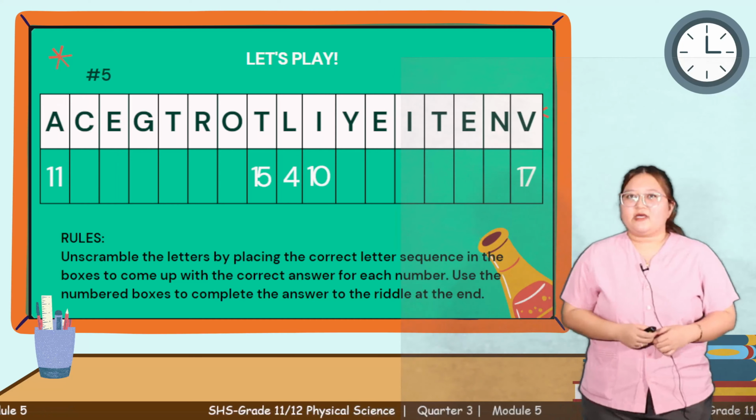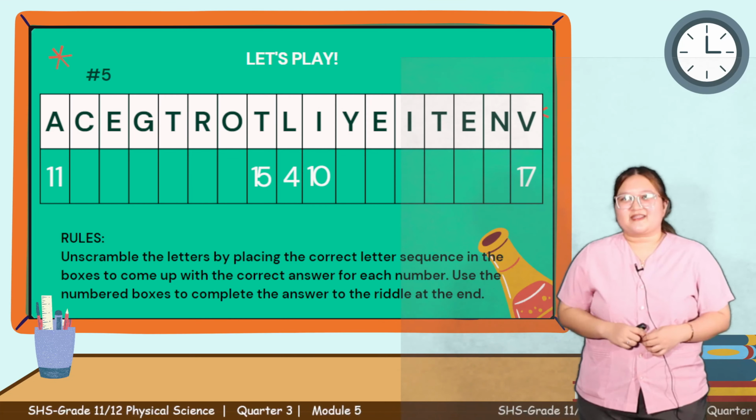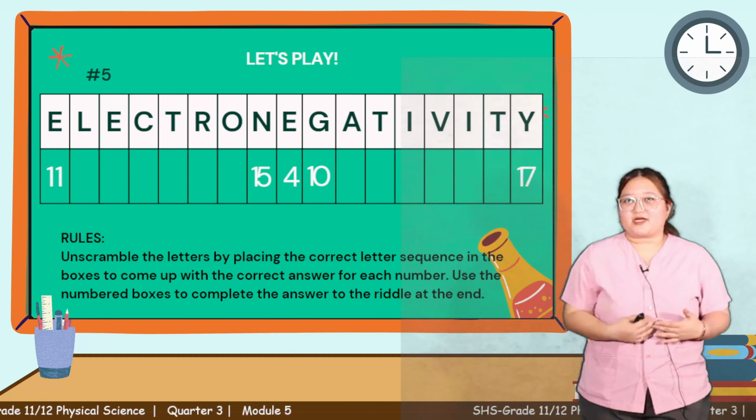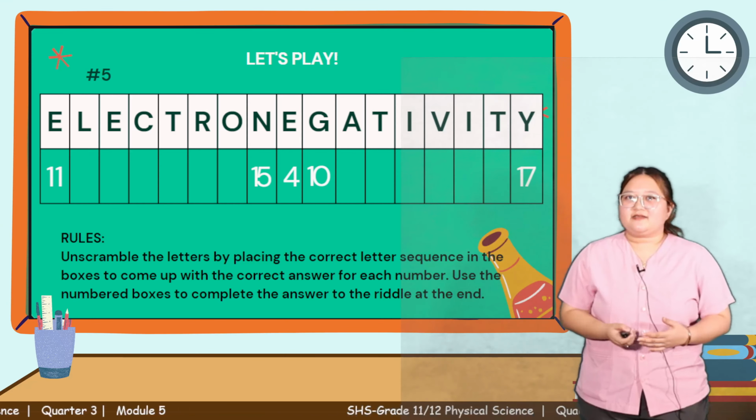Number 5, this is a long word, but I know you know the answer. This is correct, electronegativity. So what is electronegativity? This is a tendency of an atom to attract electrons towards itself. Very good. Last one. This should be easy. We're looking at a 4-letter word. This is atom.